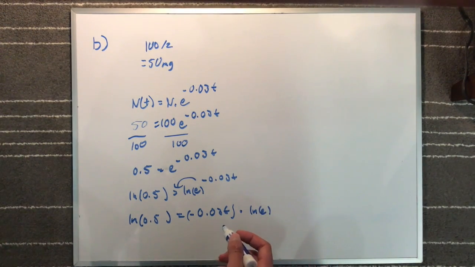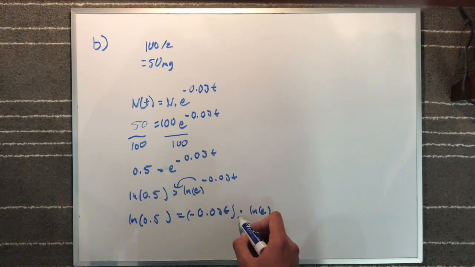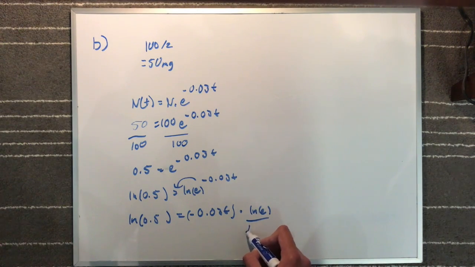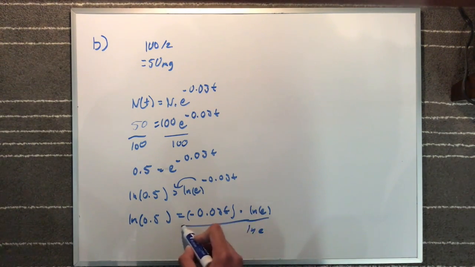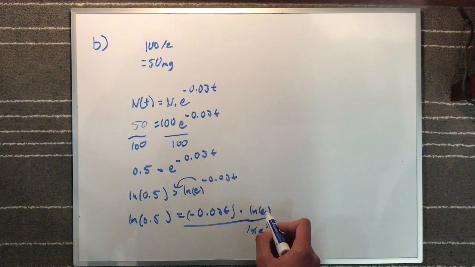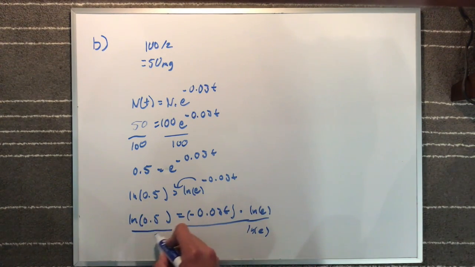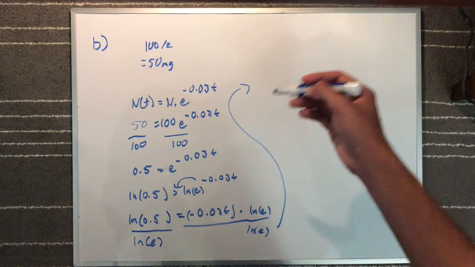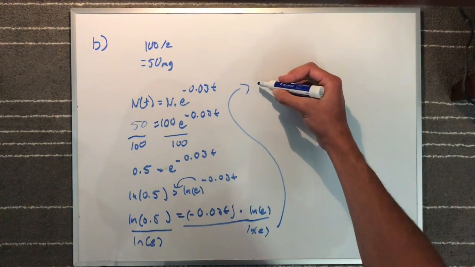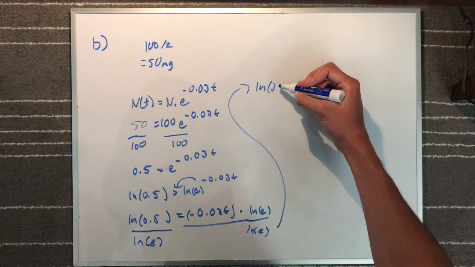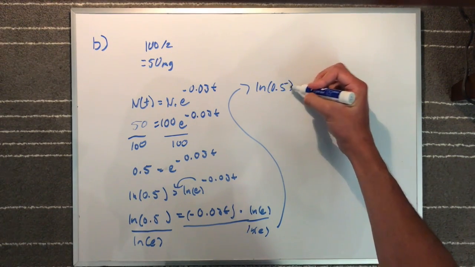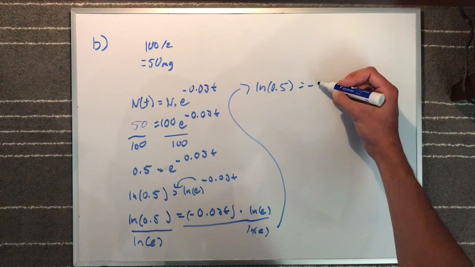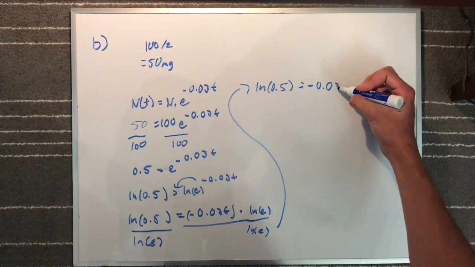So to isolate this, we're going to divide by ln e on this side to get rid of it from this side of the equation, which again is just 1. Since we're dividing by 1, we're left with ln of 0.5, which is equal to negative 0.03 t.